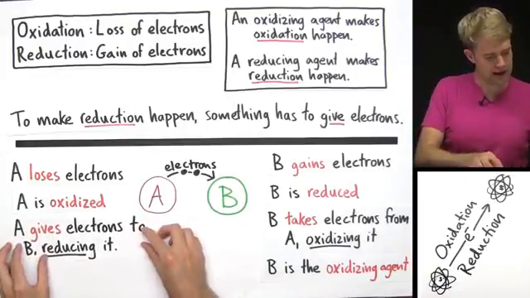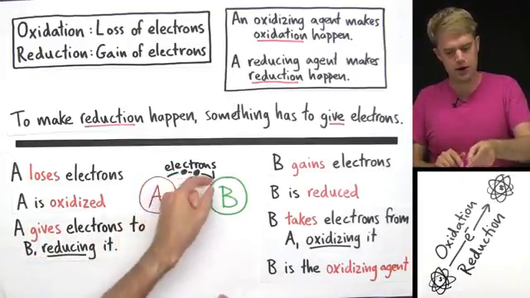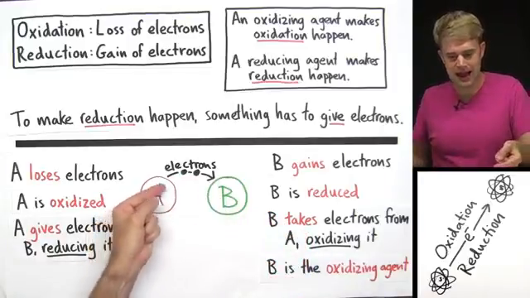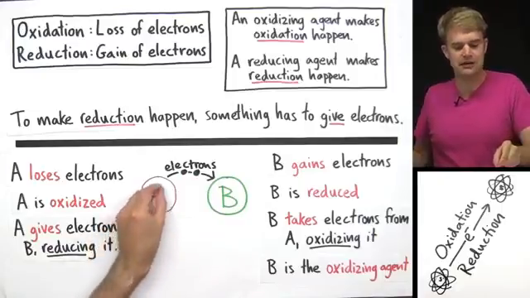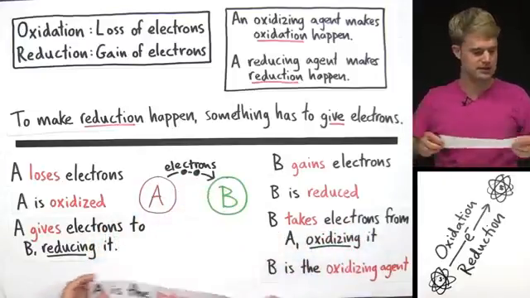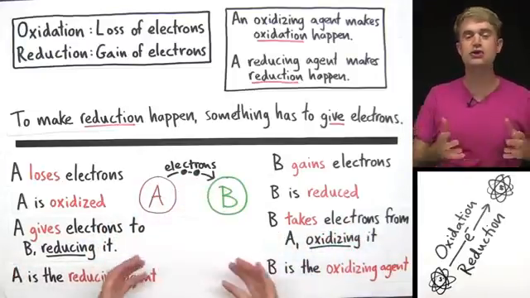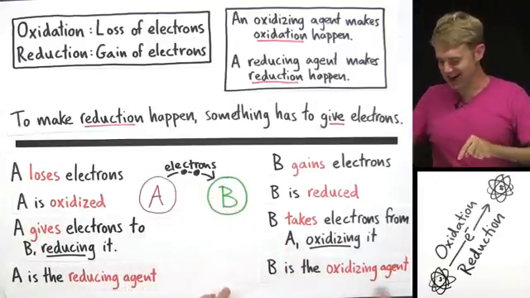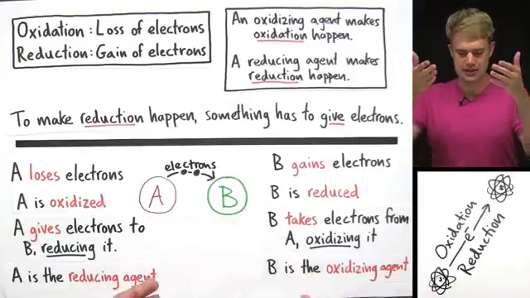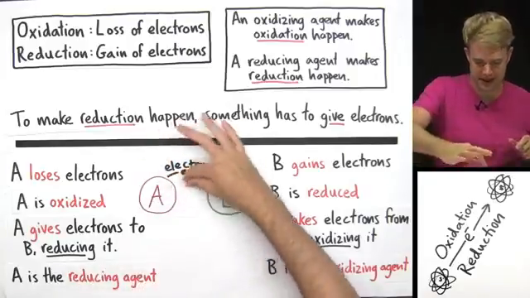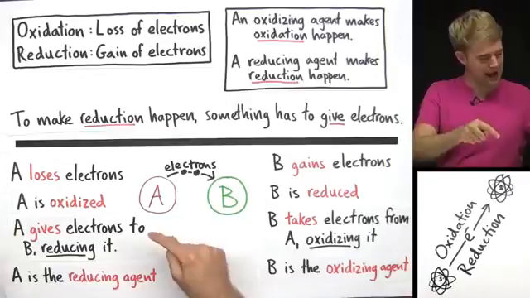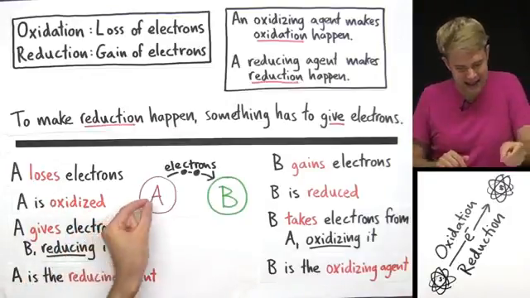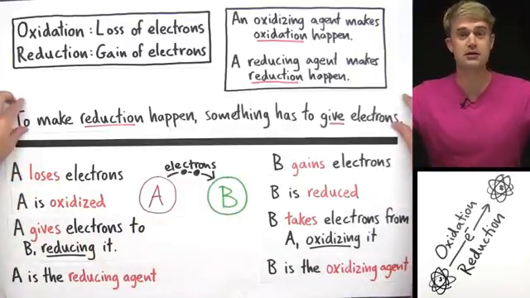A gives electrons to B, allowing it to be reduced. And since A is making this happen by giving the electrons to B, we can say that A is the reducing agent. So B is the oxidizing agent. It's making oxidation happen by taking the electrons from A. A is the reducing agent. It's making reduction happen by giving the electrons to B.